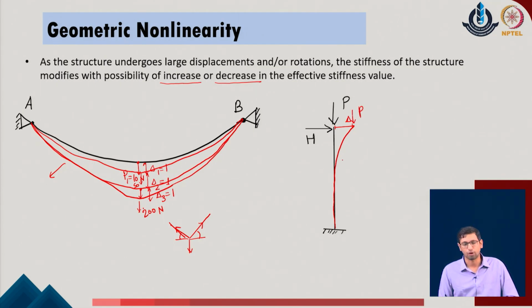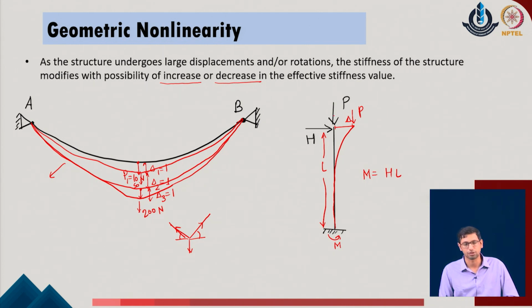So, at any given point, if I evaluate the amount of moment which is active at the bottom of the given system, this moment M can be written as H into the given height of the system, say L. At the same time there is an extra moment appearing on the system, which is due to the vertical load.